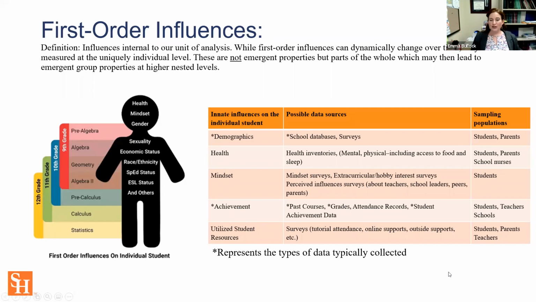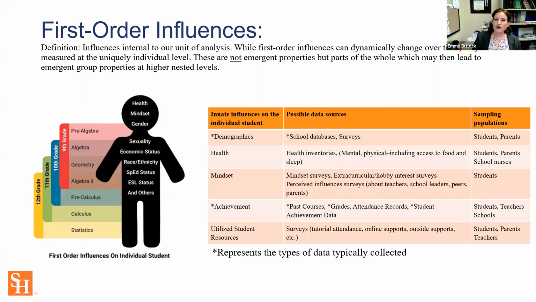First order influences are the easiest ones for us to do, because they represent the types of data typically collected across any kind of study. Everybody collects first order influence data, regardless almost of the paradigm in which they are operating. The way that I am defining them, first order influences are influences internal to our unit of analysis.